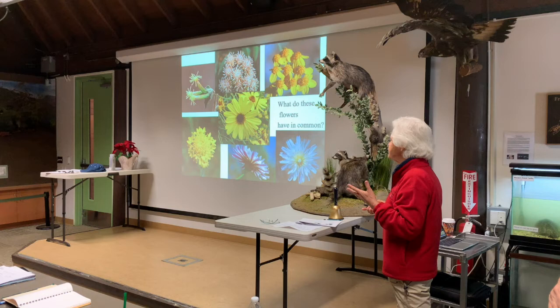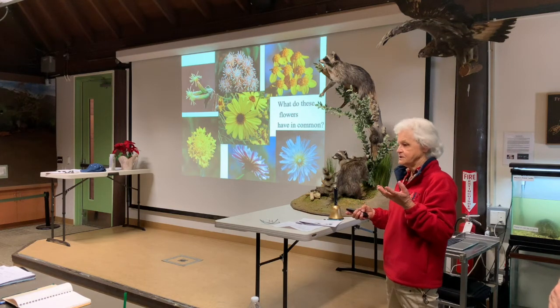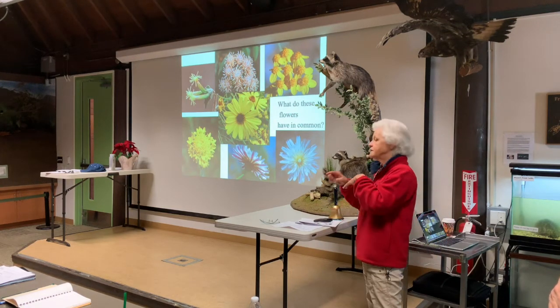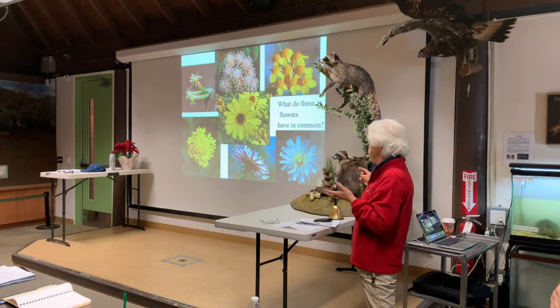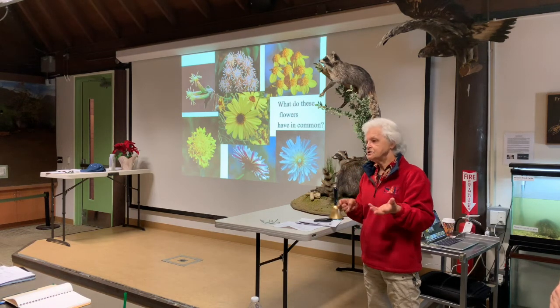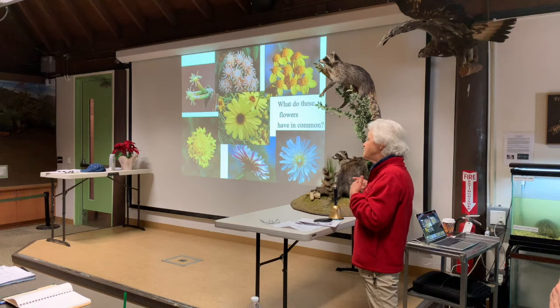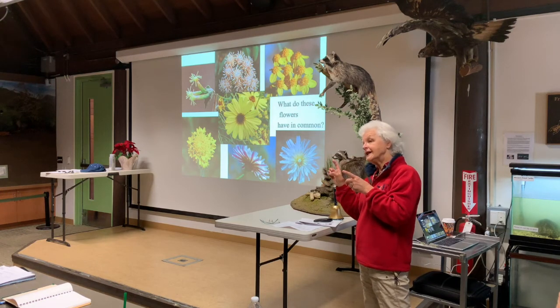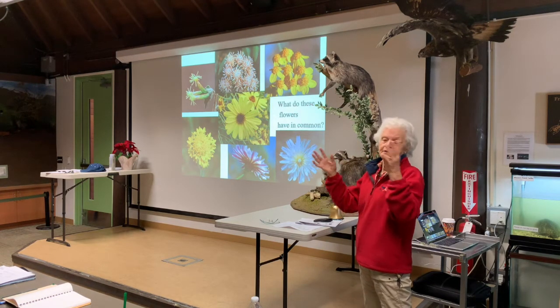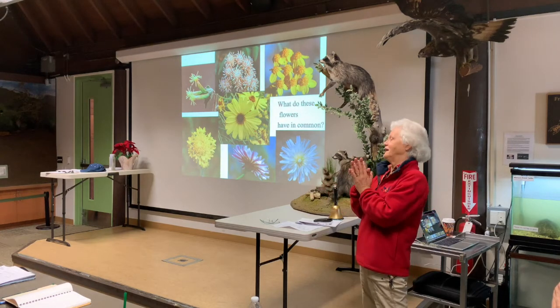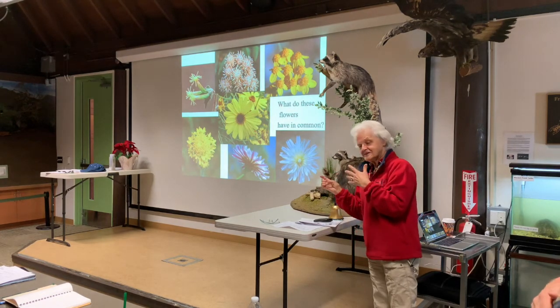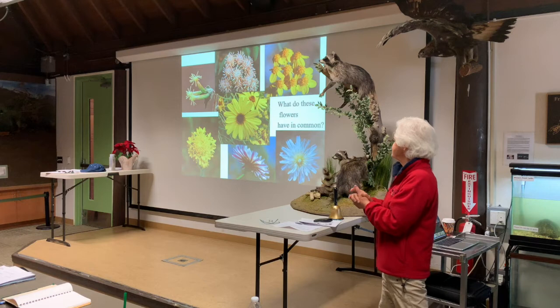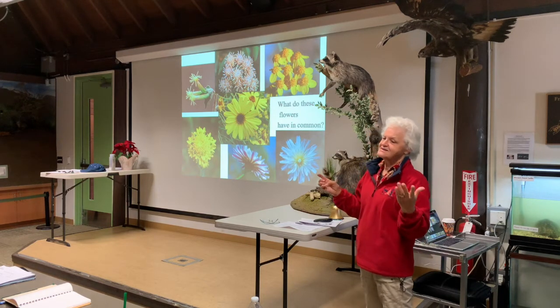And the neat part about knowing about sunflowers is, since they are so prevalent, and you run into one, and you don't know what flower it is, but you can identify the sunflower, then you say it's a sunflower. You might not say which specific sunflower it is, but it's a sunflower.